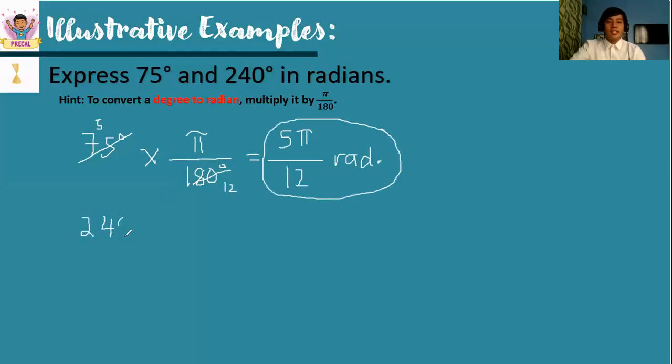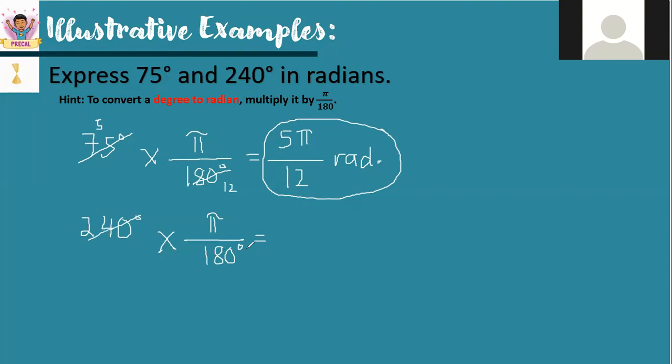Let's have the second example. We have 240 degrees. Again, based on the hint, we have to multiply by pi over 180 degrees. So we determine the GCF. The GCF is 6, I think.